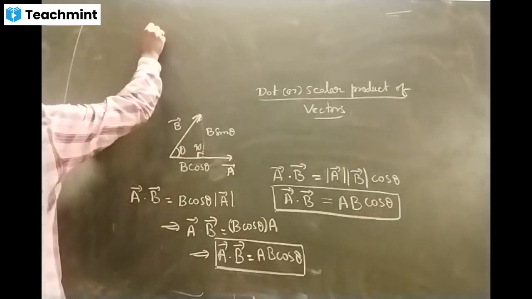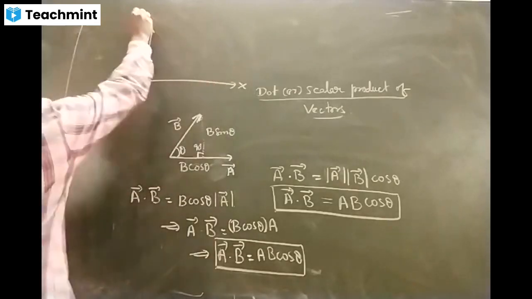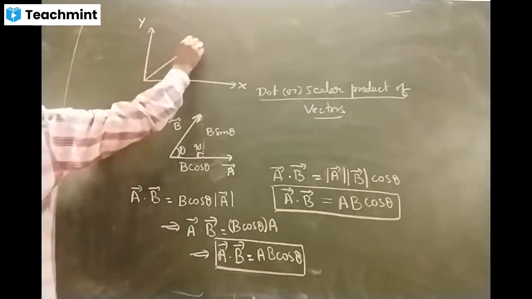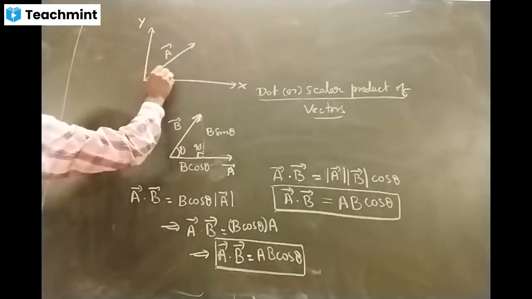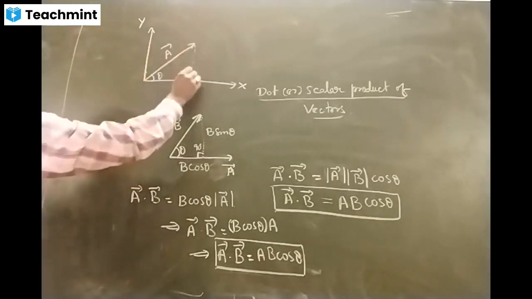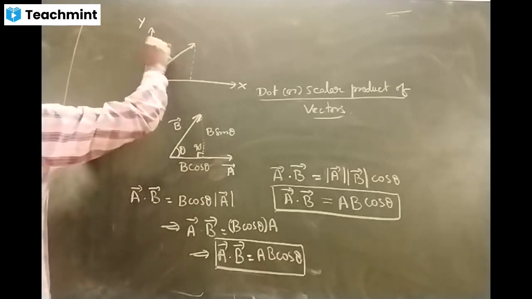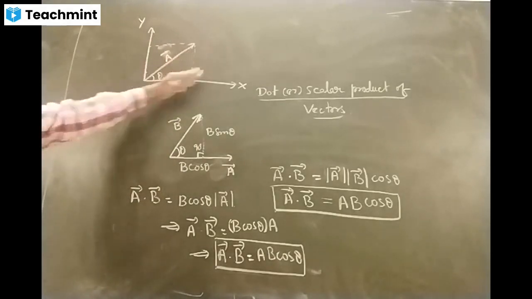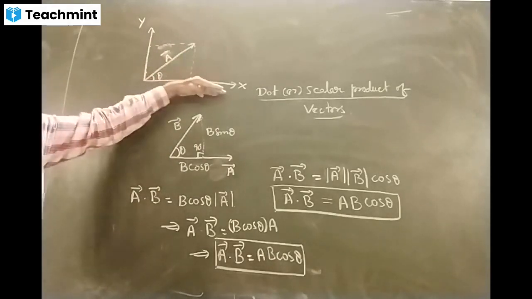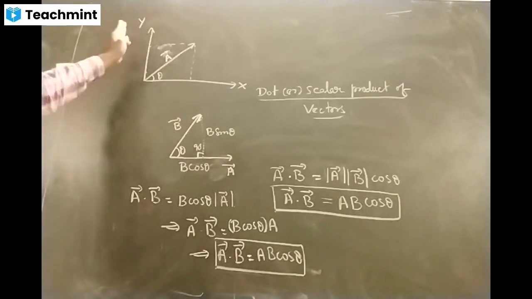If I have coordinate axes, x and y axis, here you have a vector A bar which is making an angle theta. How to resolve this now? I will drop two perpendiculars from this, one along the x-axis and the other along the y-axis.